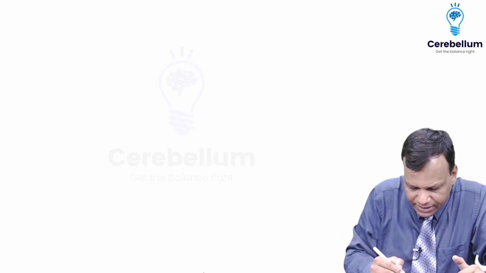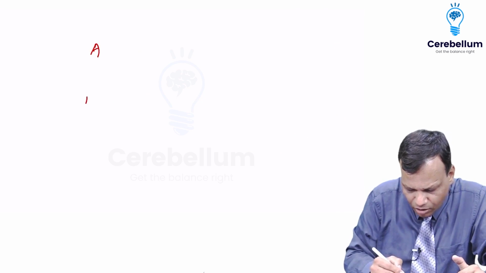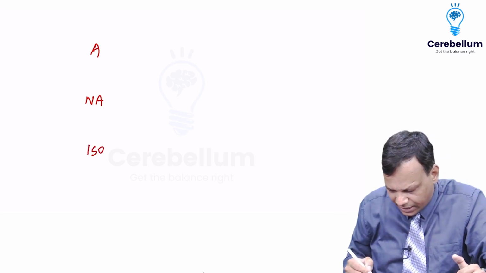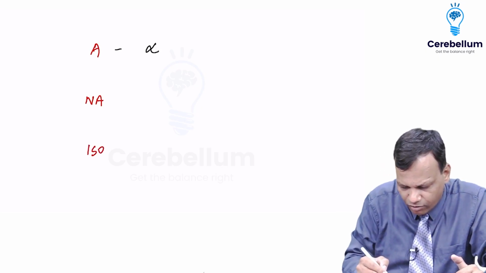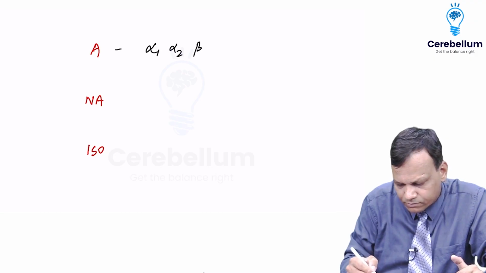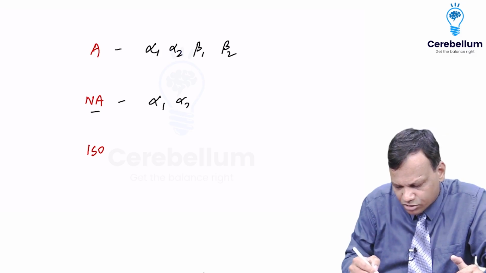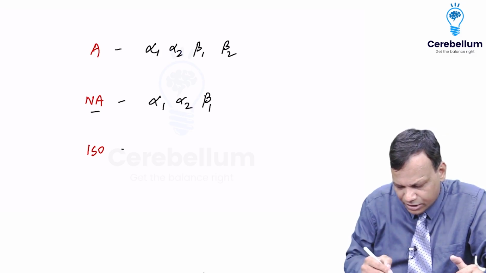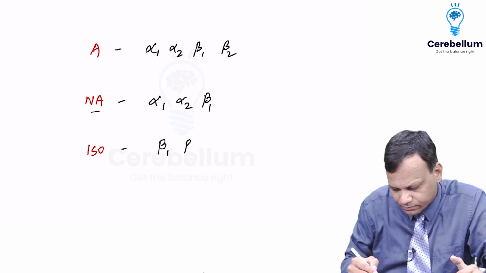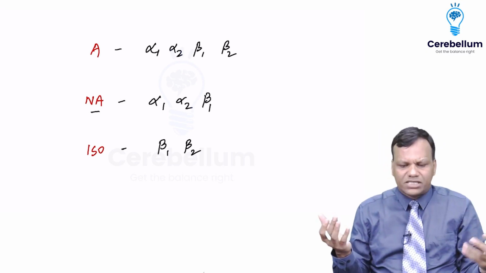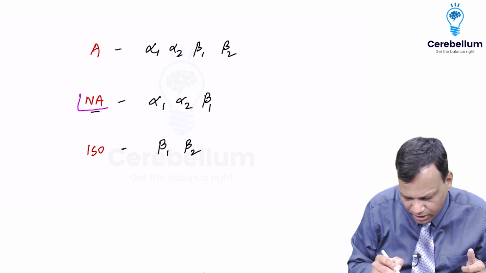So again, we will write adrenaline, noradrenaline, and isoprenaline. They act on A for adrenaline, A for all the receptors, and A for noradrenaline on first three receptors, not all, and iso only beta. So from the receptor, you can tell the major uses, like starting with the noradrenaline.